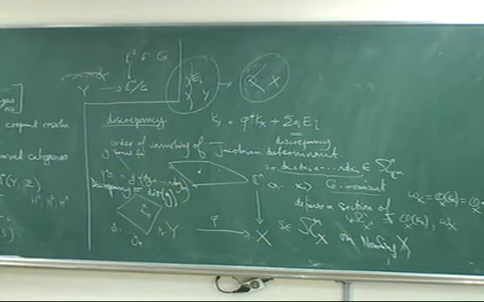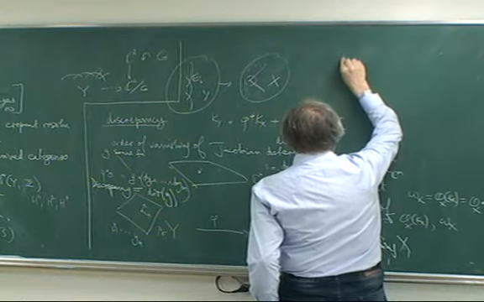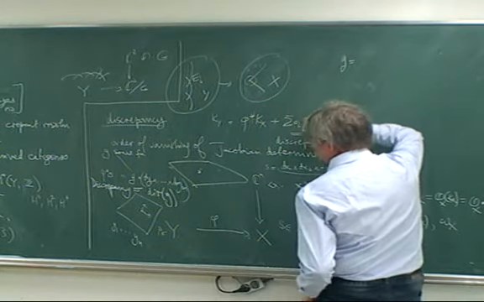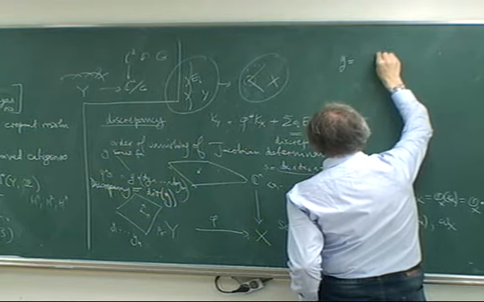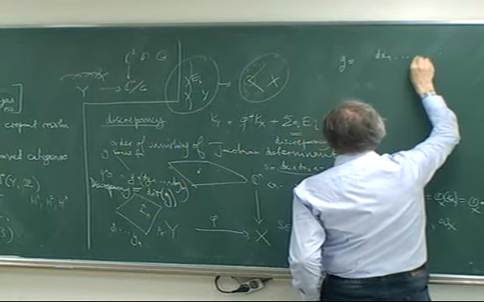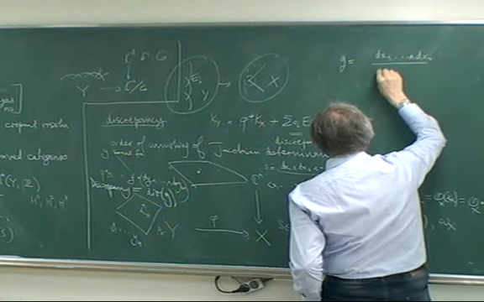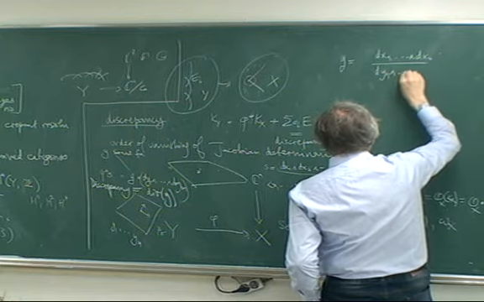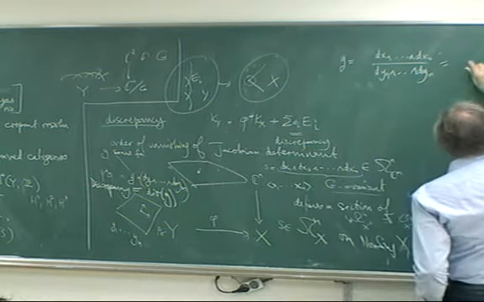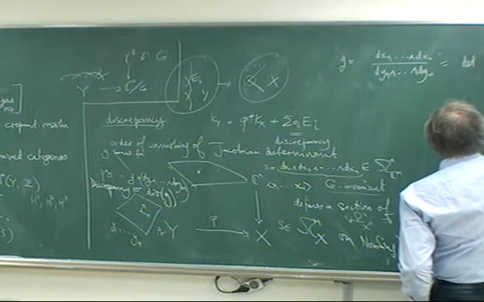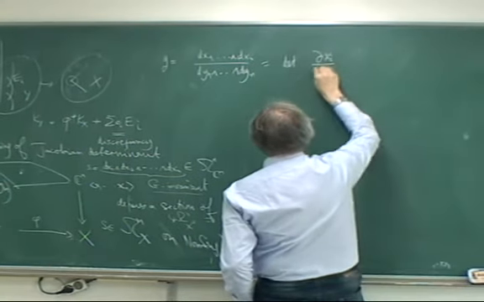It's just saying, and this g, I should really have written J. It's this ratio dx1 wedge dxn divided by dy1 wedge dyn, and so you should really think of this as being the determinant of the Jacobian matrix dxi by dyj.